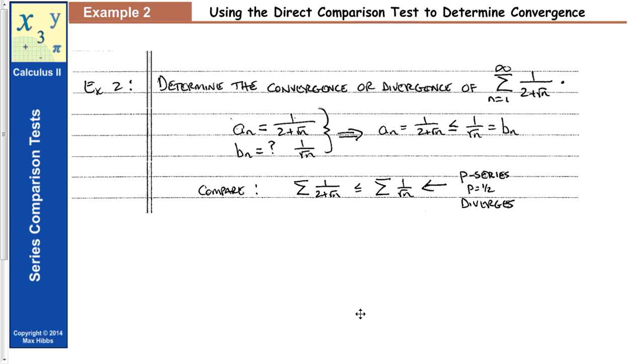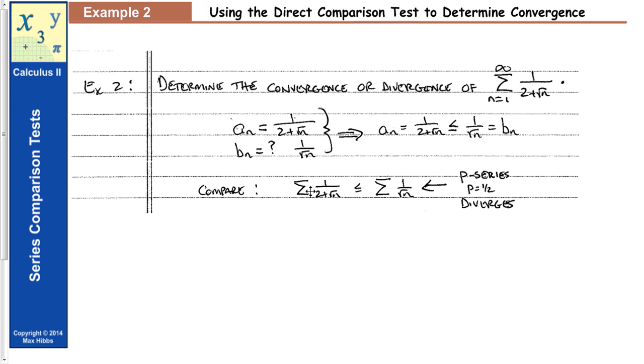Now, here's what we know. The smaller series, of course, is less than or equal to the larger series. And the larger series, made up of the sum of 1 over square root of n's, diverges, because this is a p series, isn't it? Where p is the exponent 1/2. And since that's smaller than 1, we know this series diverges.